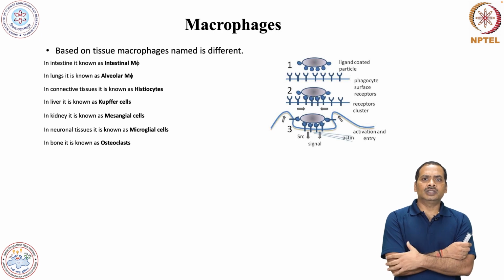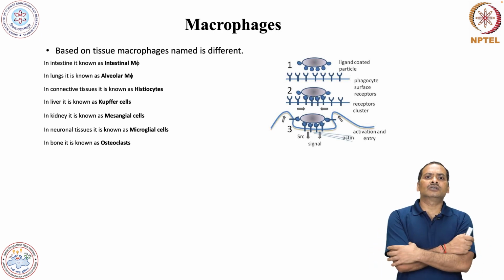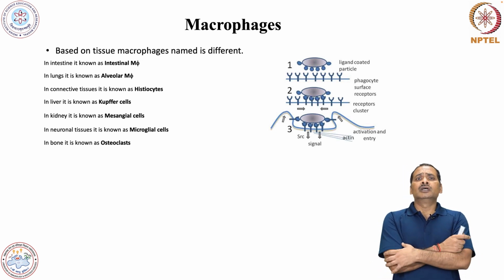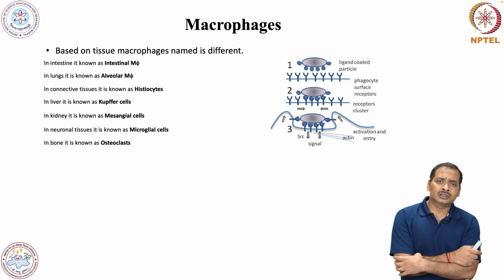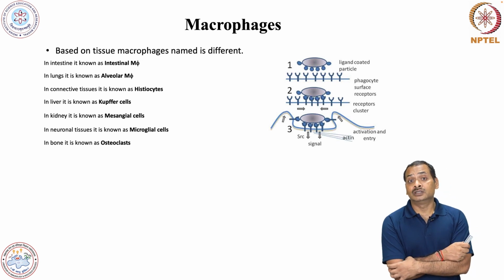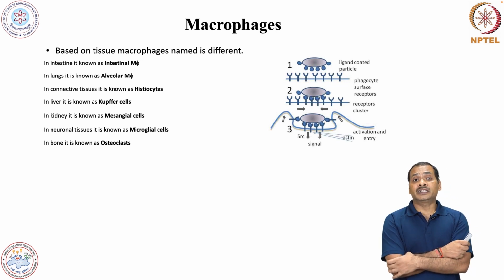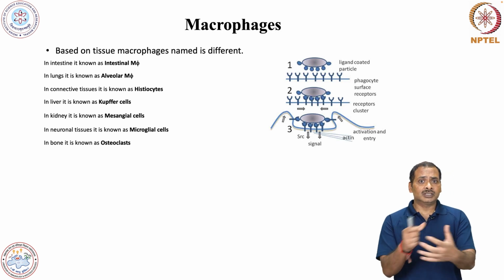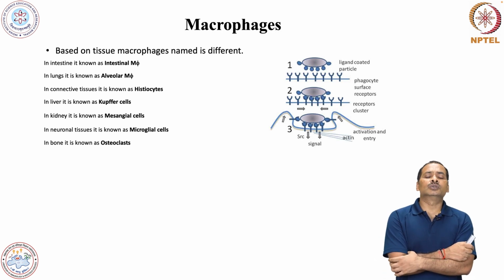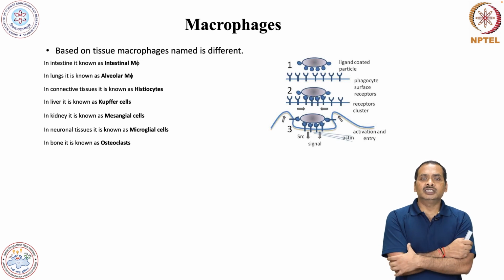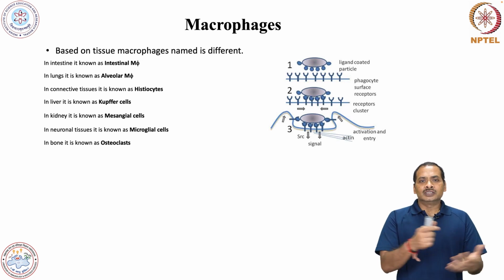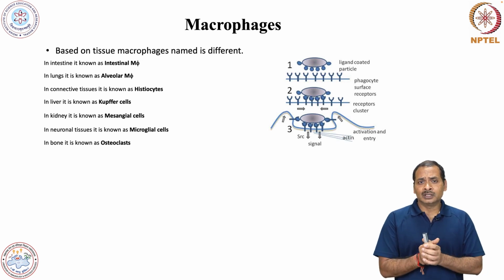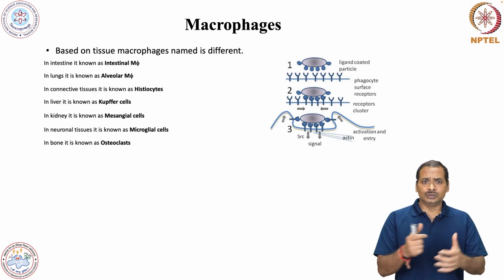Once they come in contact, there is clustering of these receptors, which results in activation of downstream signaling, which results in polymerization and depolymerization of cytoskeletal proteins, and then formation of the phagosome.